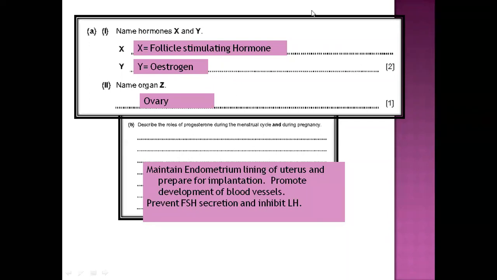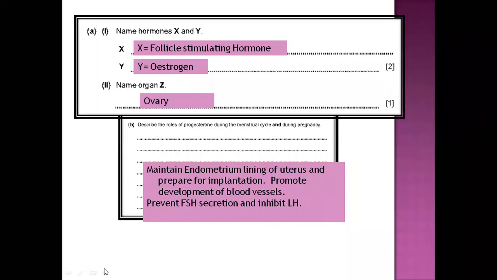All right. Yes, I discussed it. Estrogen initially starts working before ovulation, making the endometrium lining thick. And after ovulation, that thickness is maintained by progesterone.